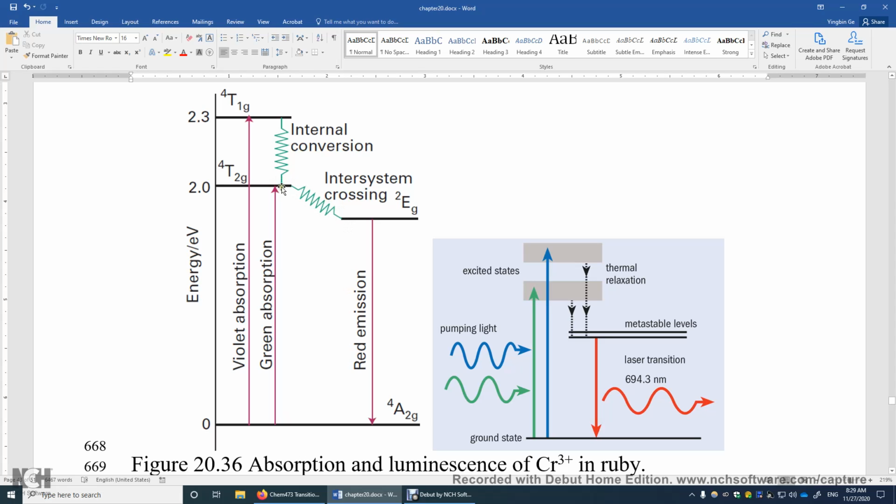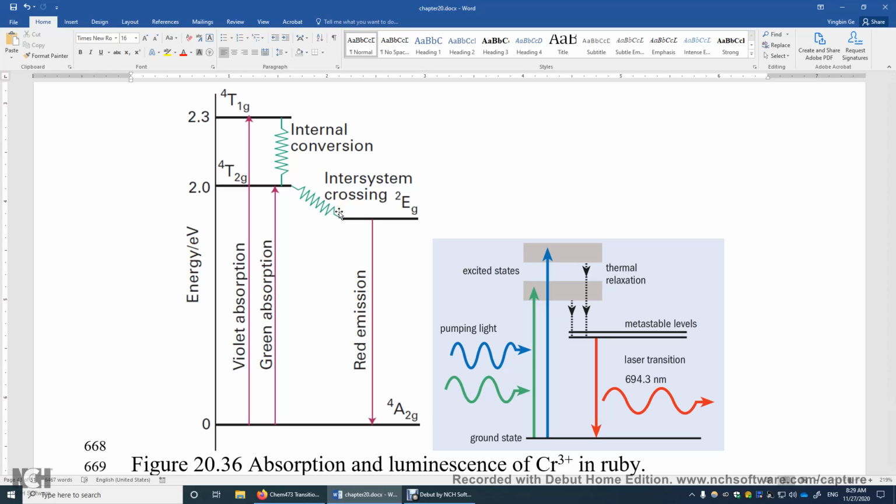This process is also spin forbidden, from a multiplicity of 4 to a multiplicity of 2, so it is a slow process. How can spin flip be possible if the angular momentum of the electrons must be conserved?